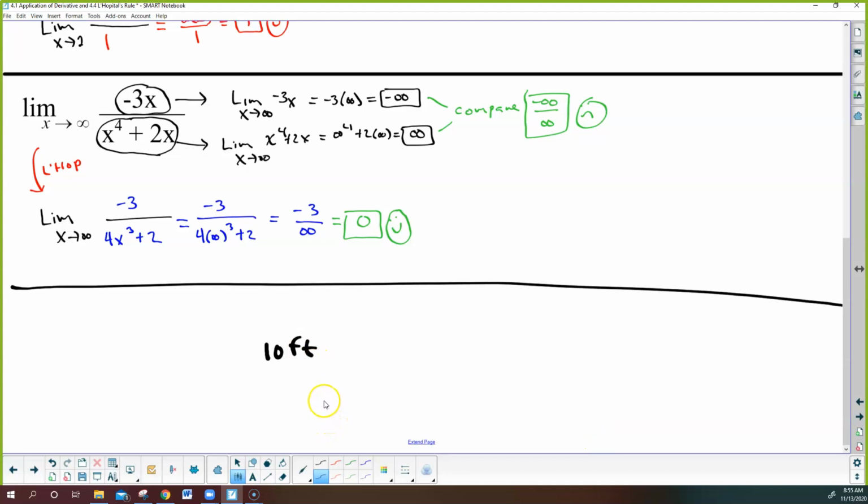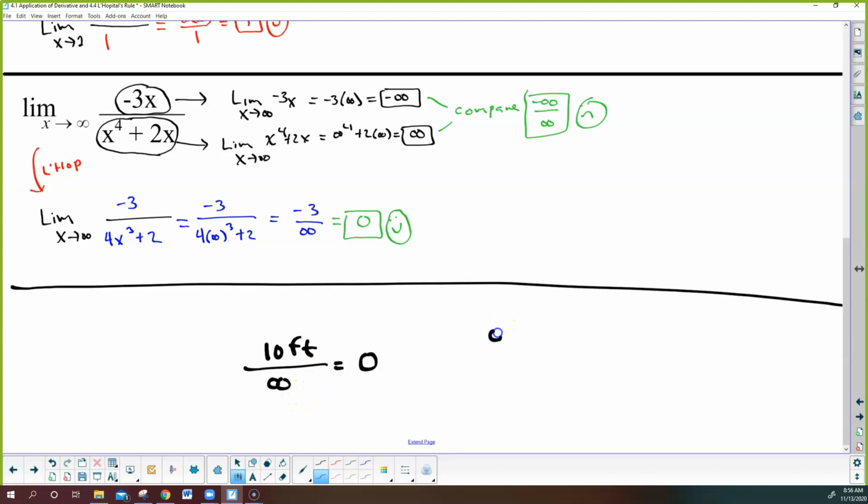And if I divide that rope into an infinite amount of pieces, so I just cut it up, how big is each piece? Well, it's so small that you can't even see it, that it's going to be 0. It's basically going to look like it doesn't exist. That's what I think of when I see a number over infinity.